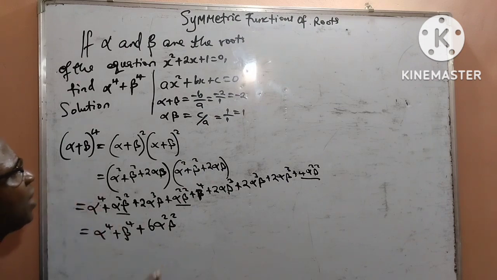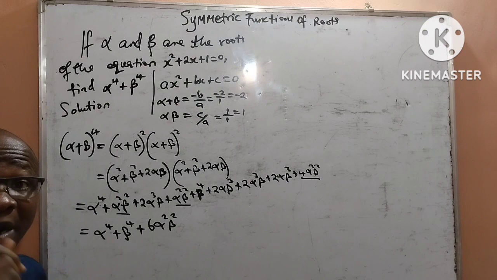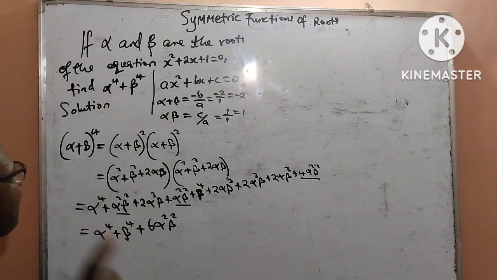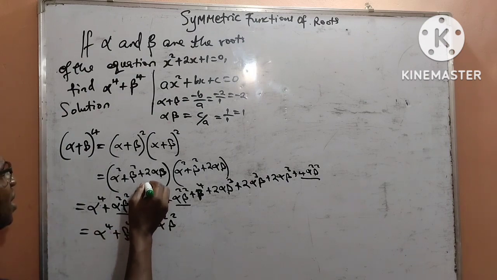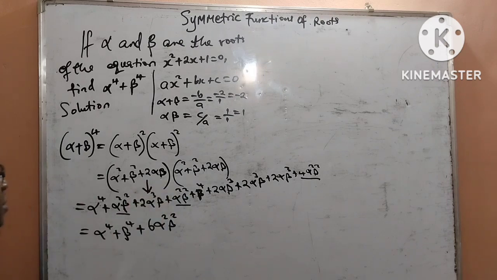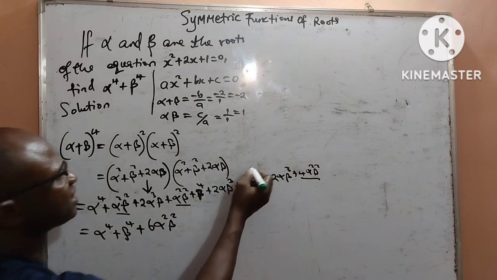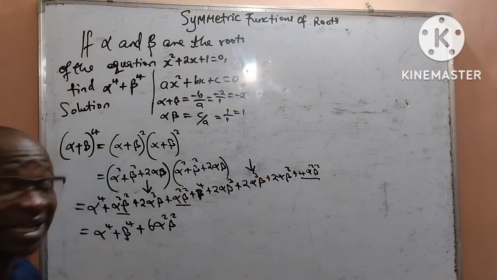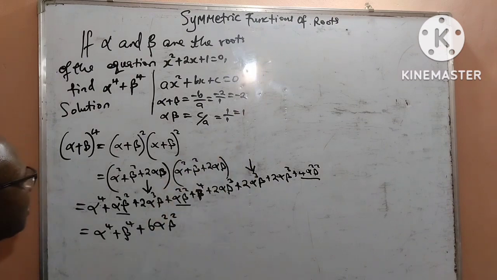Next, I want to take where alpha is power 3, okay? That is alpha cubed. See in this place, here I have 2 alpha power 3, then beta. Then I want to look for where there is alpha power 3 again. See it here again, okay? You can see the arrow pointing to it so that we understand it. The first one, I just took to power 4.